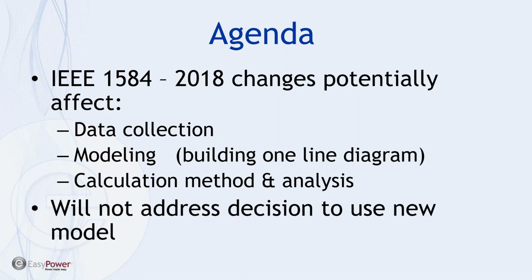And most of the heavy lifting as far as the new model and the high number of calculations that are involved are being done by the software, but it's good to know how to access that information, and we will get into that detail. Really not going to talk about the decision to use or not use it. That's more left up to you. So apologies if anybody was counting on that.